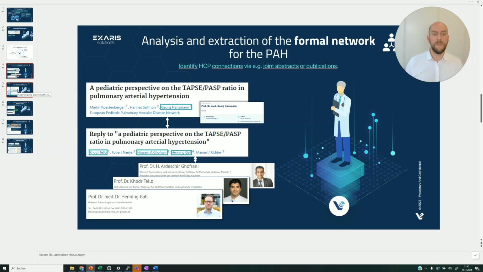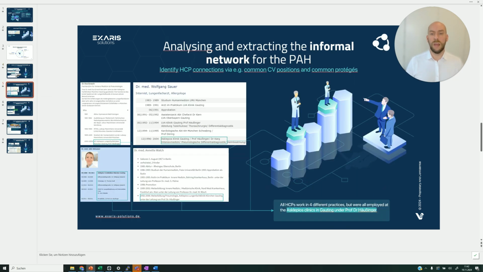The next step in a network analysis is the informal network, because physicians are providing, for example, CVs, and in those CVs there are many connections.